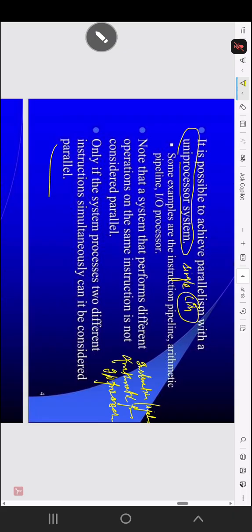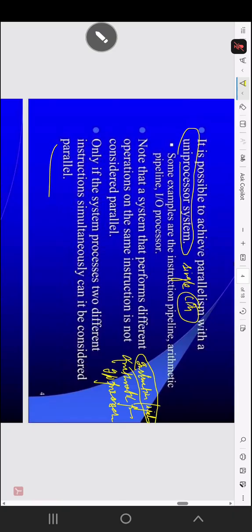In instruction pipeline, different stages of multiple instructions are processed at the same time. In an instruction pipeline you can execute many instructions parallelly. So while one instruction is being decoded, another is being fetched.